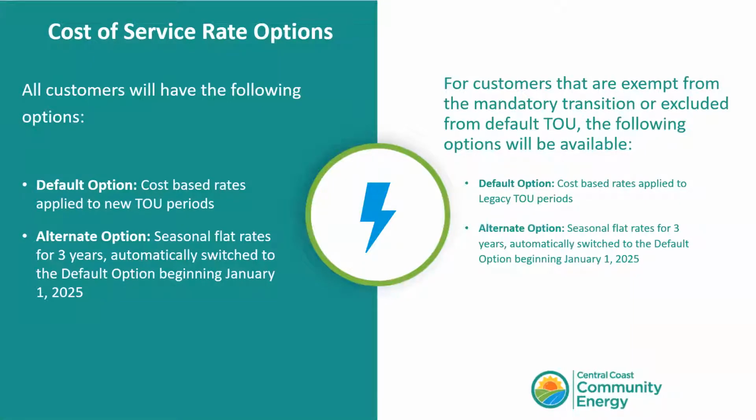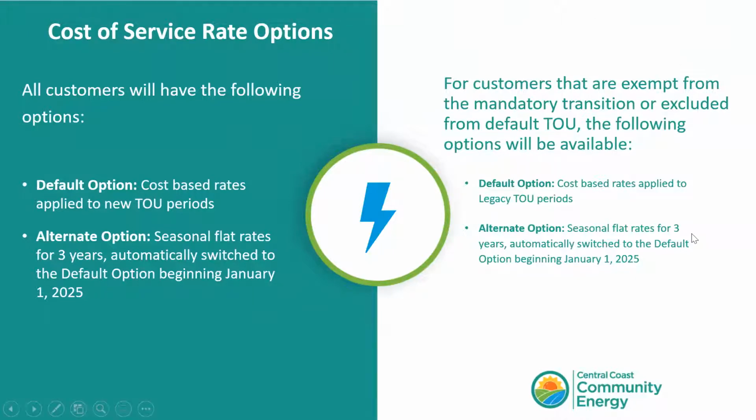So as Lena mentioned, we're going to have some rate options available to you as customers. The default option for the majority of the customers is a cost-based rate that's going to be applied to these new time of use periods, the ones I was just looking at. That default option will have a series of rates, dollars per kilowatt hour charges for energy during those periods.